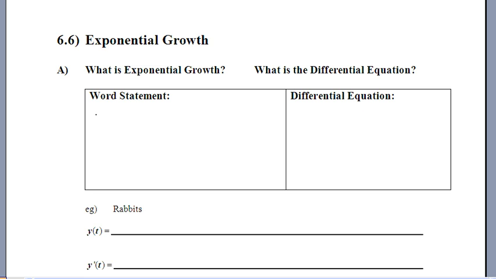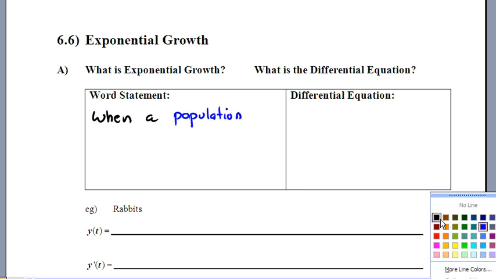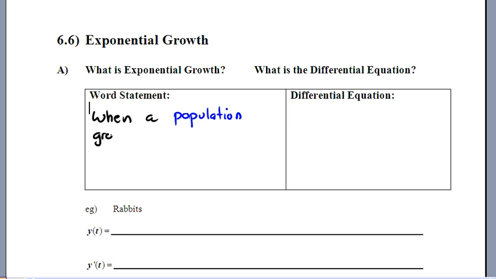So you've got exponential growth when a population grows at a rate that is proportional to its own size.